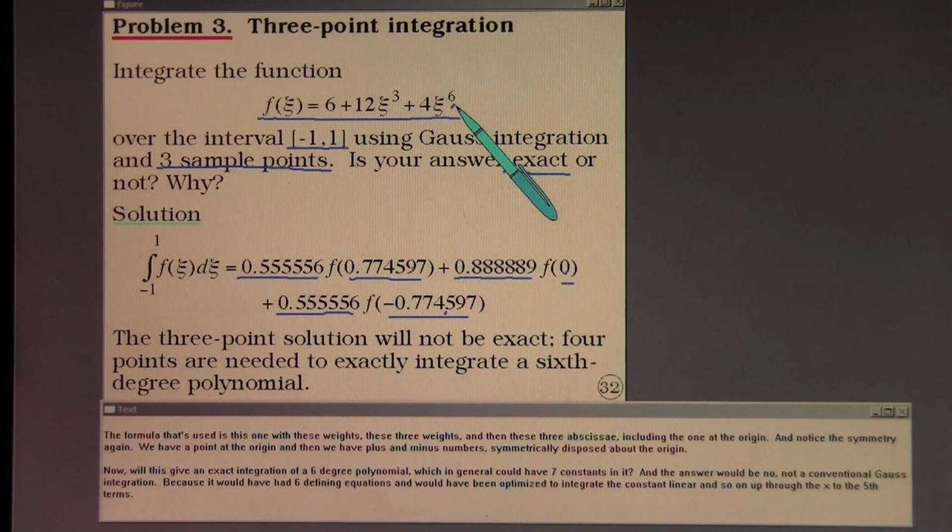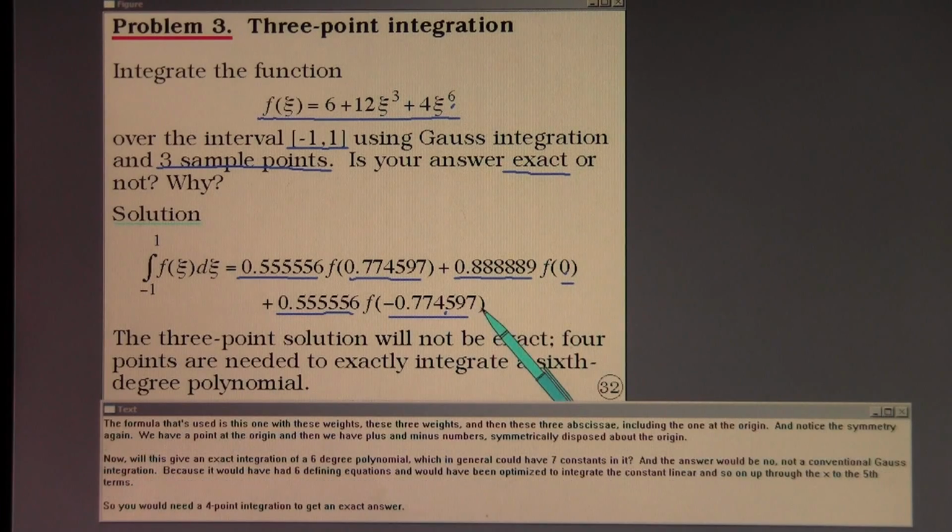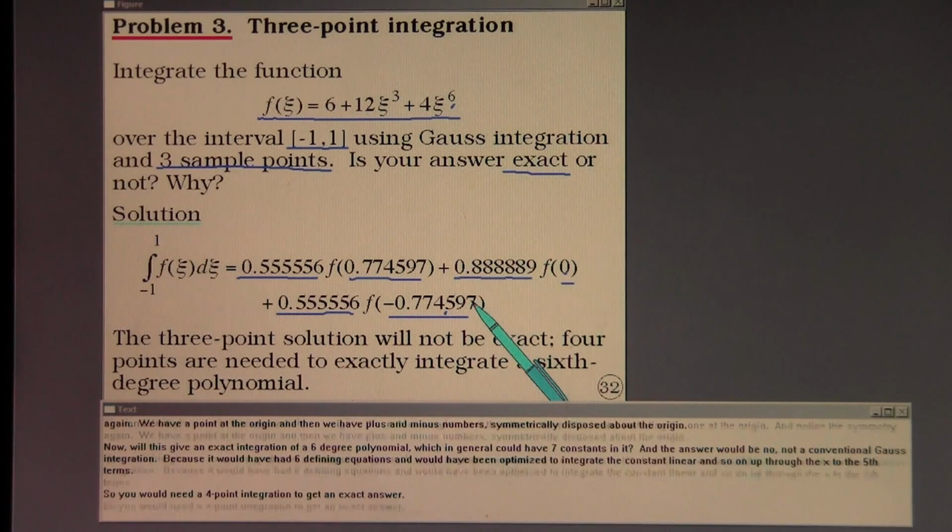And the answer would be no, not a conventional Gauss integration, because it would have had 6 defining equations and would have been optimized to integrate the constant, linear, and so on up through the x to the 5th terms. So you would need a 4-point integration to get an exact answer.